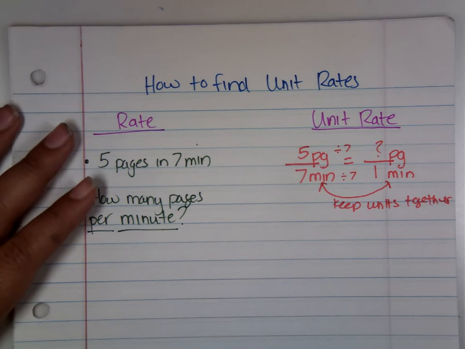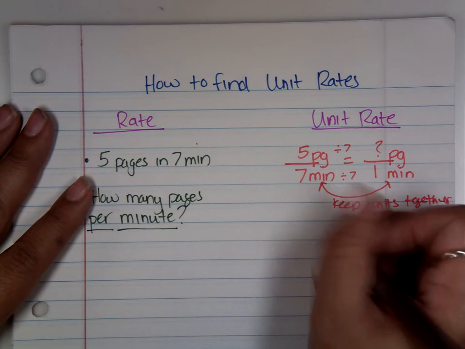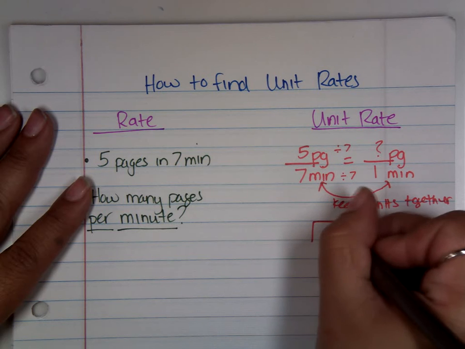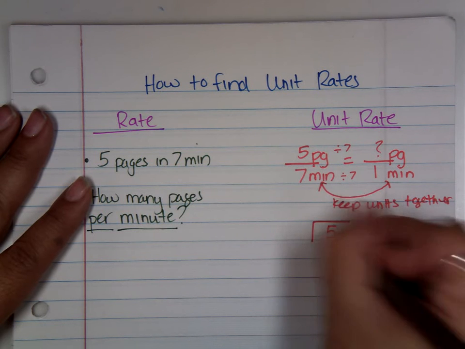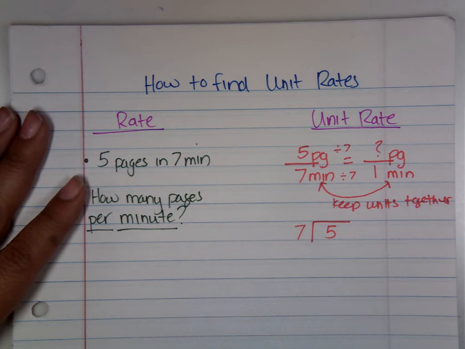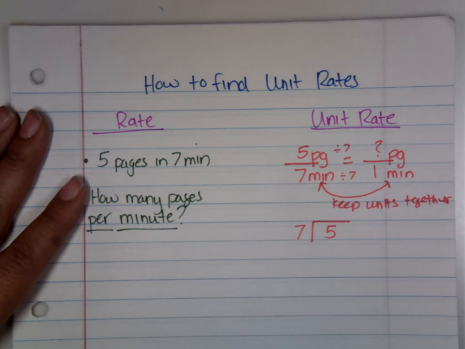Now, remember, when we divide, we'll put our 5 on the inside and our 7 on the outside. Okay? 5 divided by 7. Now, I know that 7 can't go into 5.